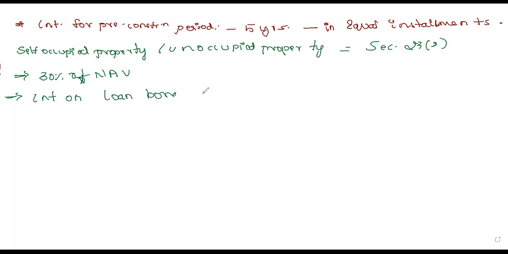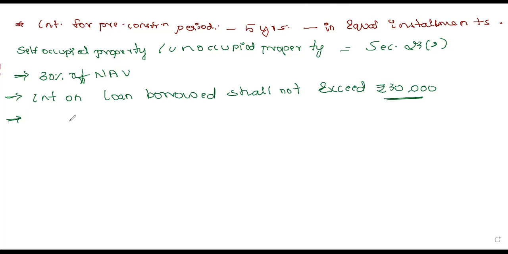Interest on loan borrowed shall not exceed rupees 30,000. That means if you take a loan, the interest you give will not be more than 30,000. It will be below that only.